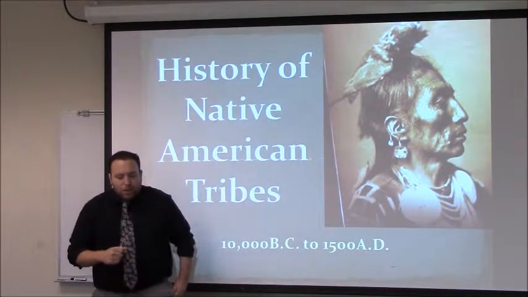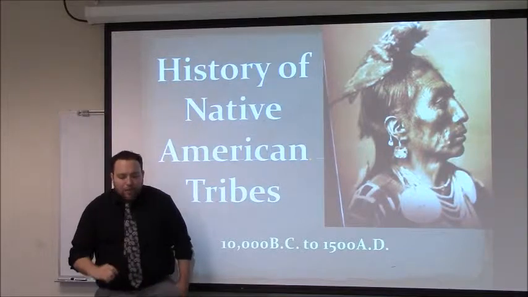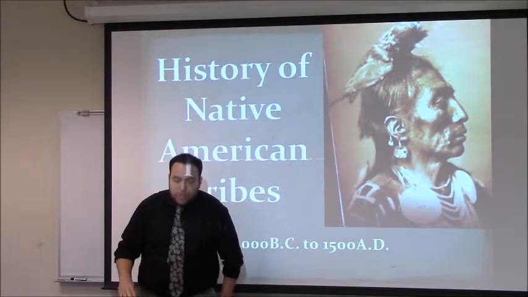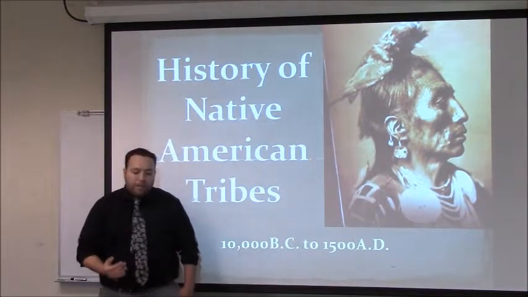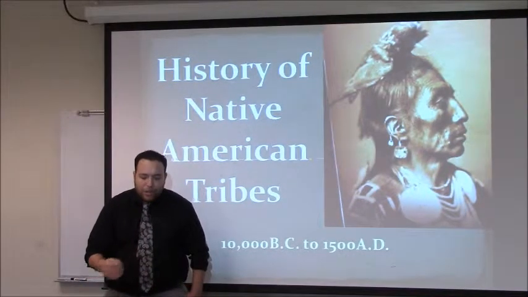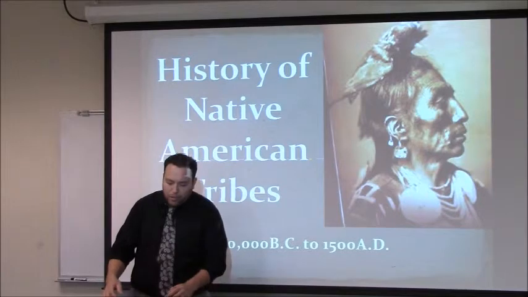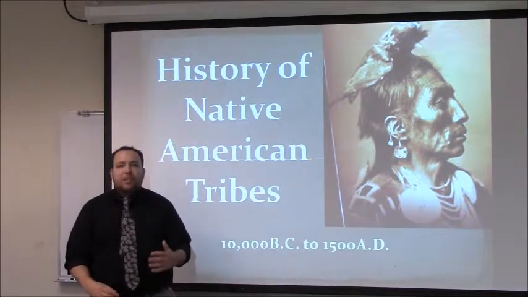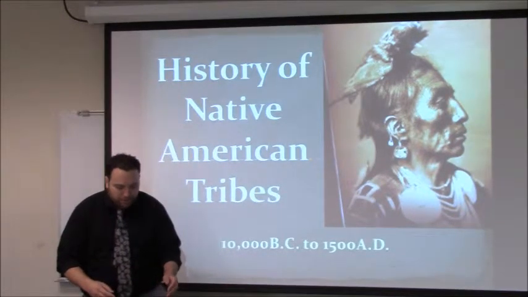Okay, so when I talk about human evolution, if you've taken biology, this ought to be familiar to you. If not, what I mean by human evolution is the process by which human beings developed on Earth from now extinct primates.